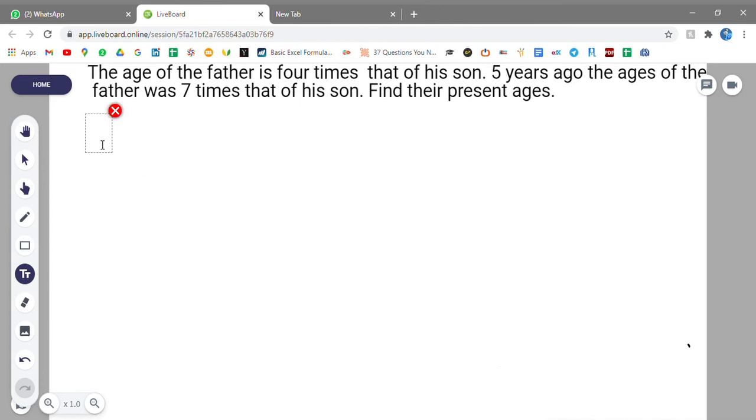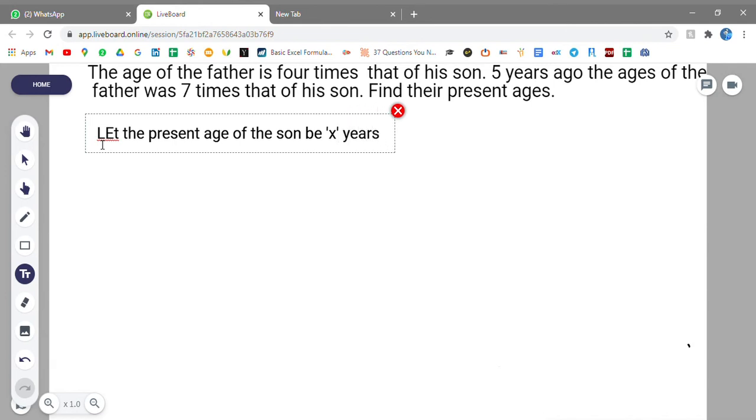Let the present age of the son be x years. So first we are defining the age of the son to be x years.